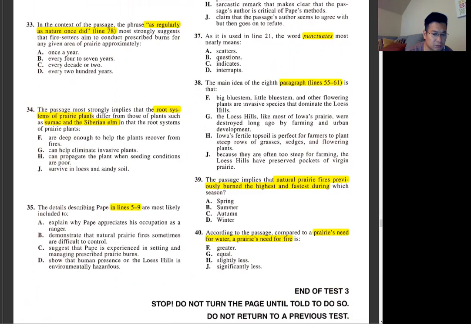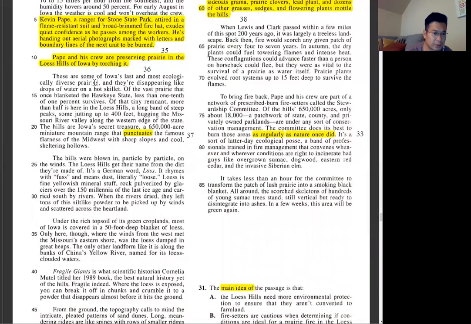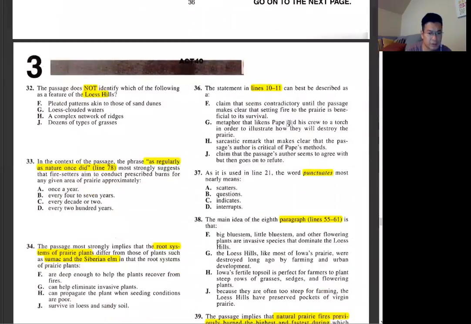Detail. So for whatever setting of fire itself, see the setting of the burns, which is fire. The next paragraph, Piper and his crew are preserving prairie in the Loess Hills in Iowa by torching it, which means putting more fire. Okay, 36.